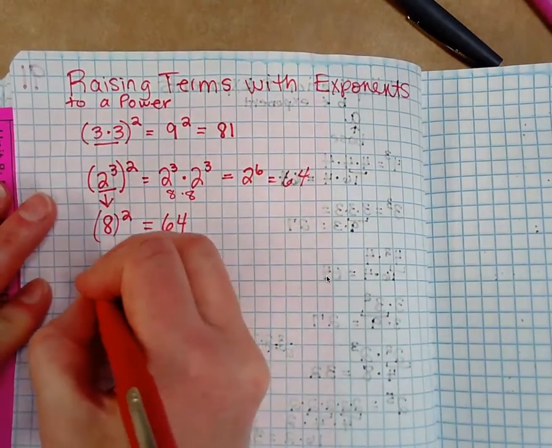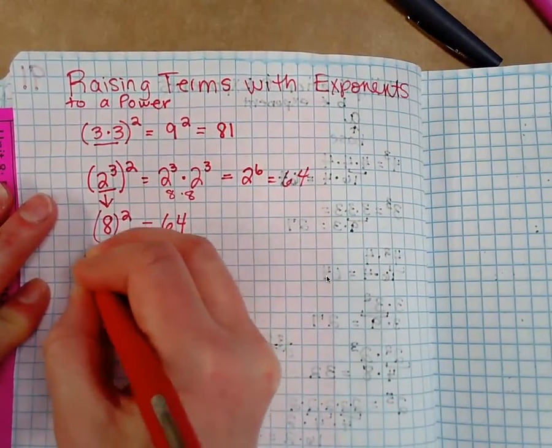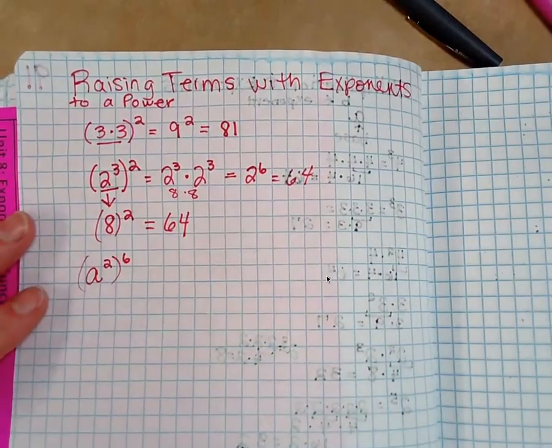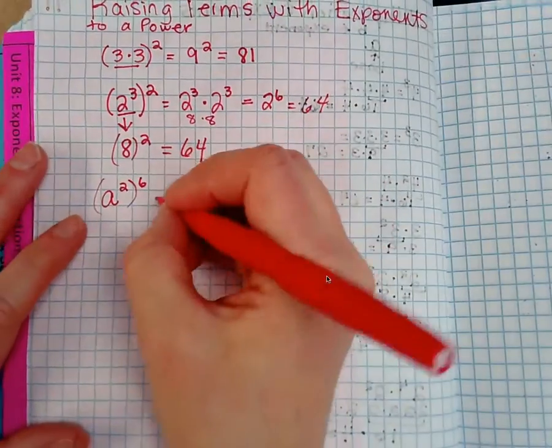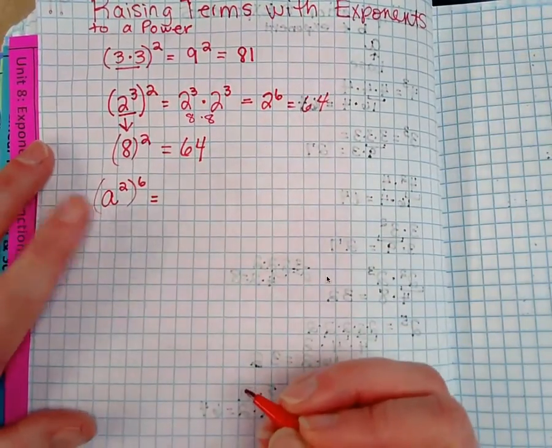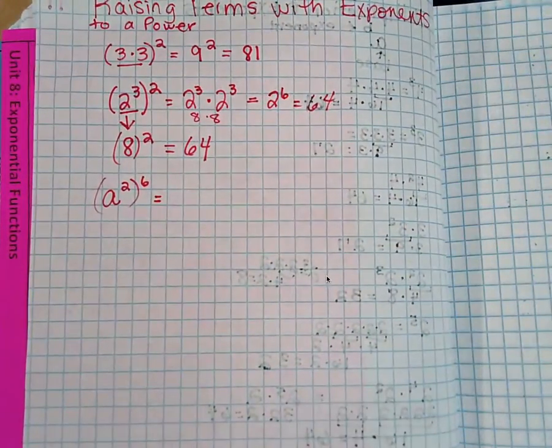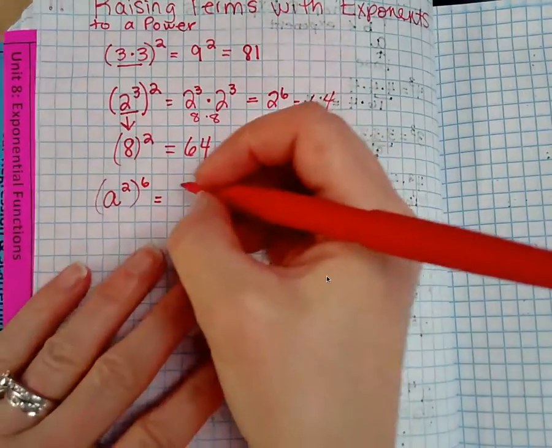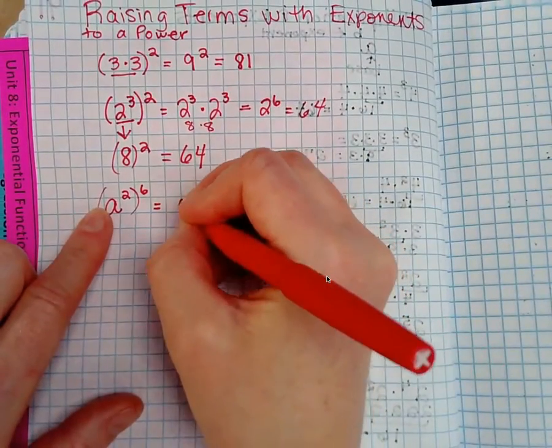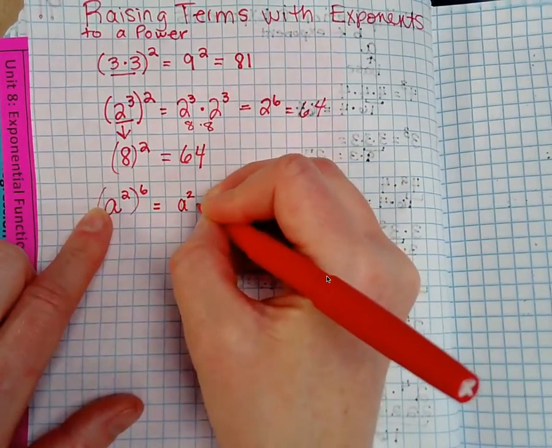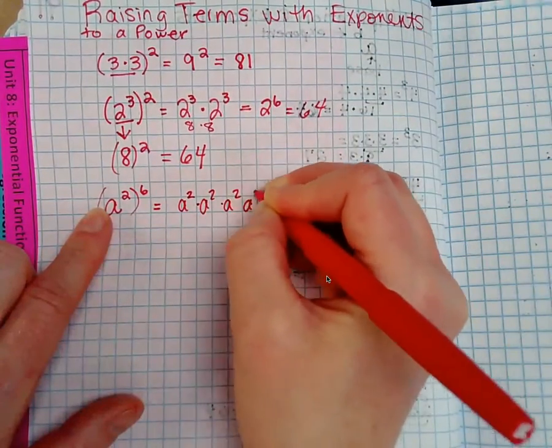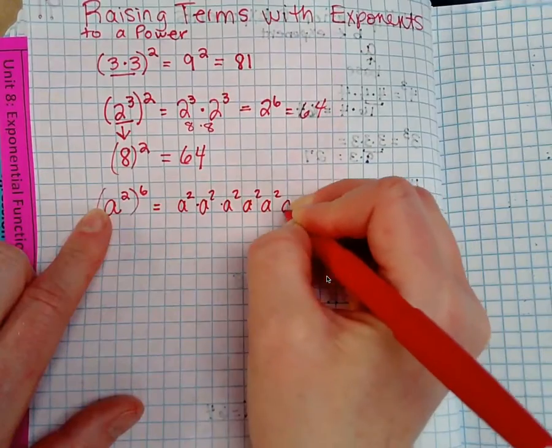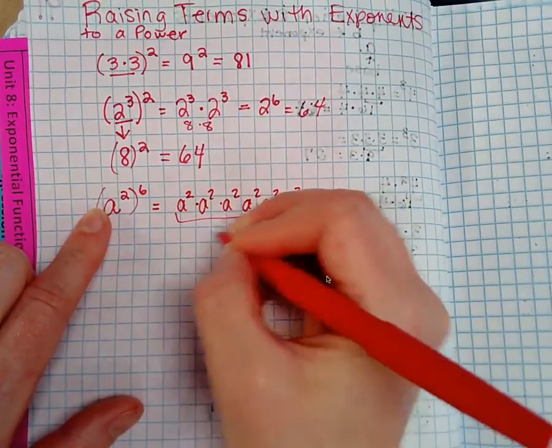All right, so let's look at a squared to the 6th power. What does that mean? A squared, how many times? 6 times.